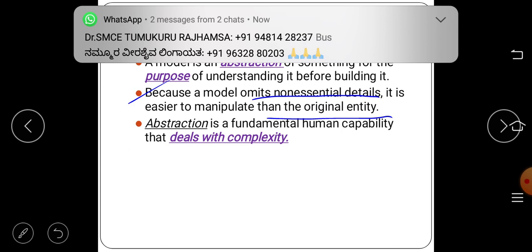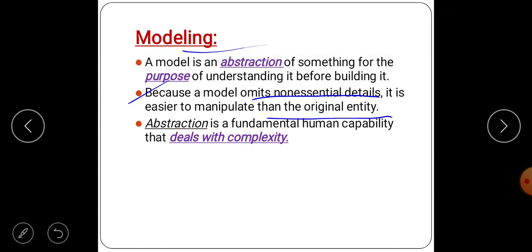Unnecessary details will be omitted, and we are going to concentrate on the original entity, omitting the unessential details of the abstraction of something, okay?